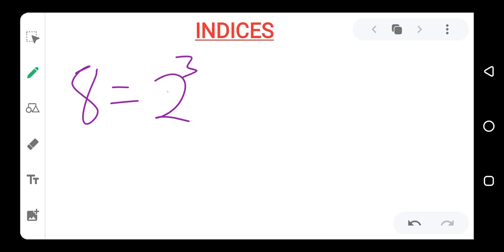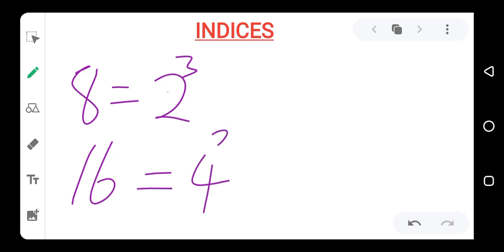Or if we are given 16, we can express it as 4 raised to power 2. So when we have a big number, a large number, we use index notation to shorten it.